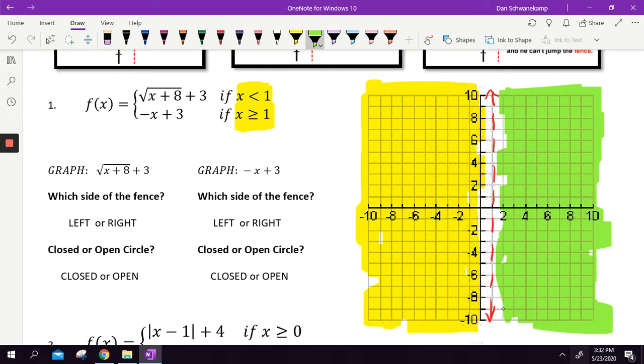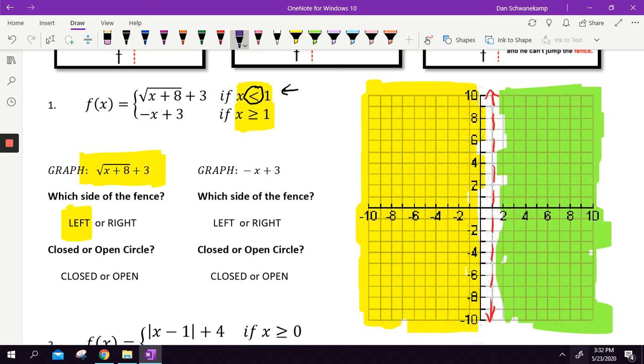The first one is square root of x plus 8, plus 3, if x is less than 1. I always like to use the inequality sign as a pointing thing. It's on the left side of 1; the inequality sign is literally pointing that way. So what does that mean? I'm graphing that to the left of the fence. This graph is going to live in this yellow part of my graph.